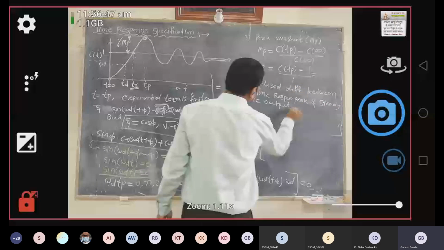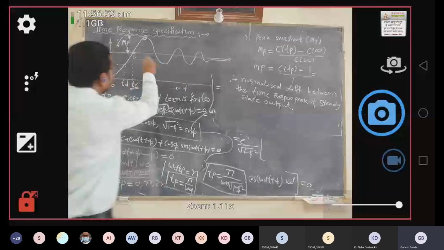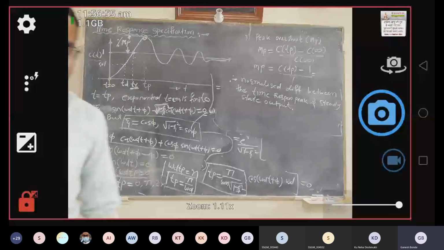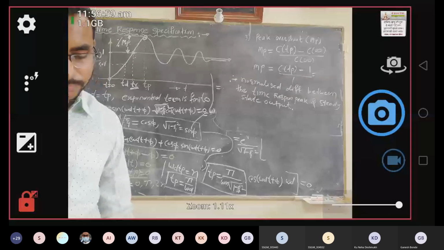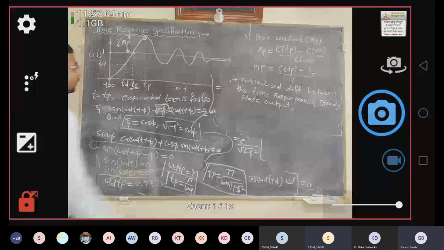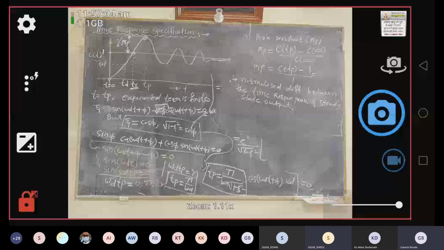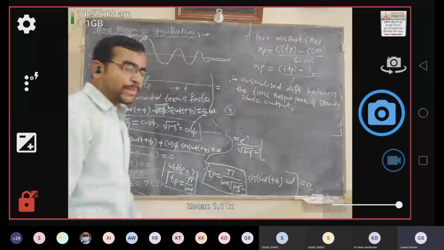In this way we can make the definition of peak overshoot from this time response specification. Then the next specification is the settling time. In the next lecture we are going to derive the expression for this MP.